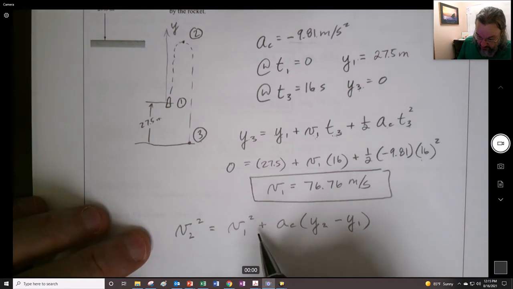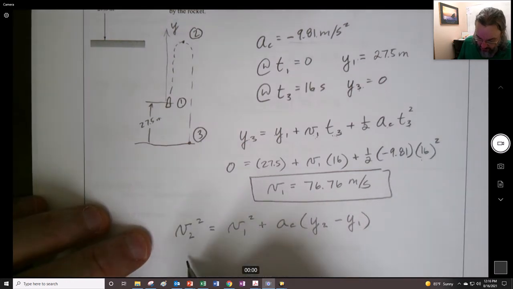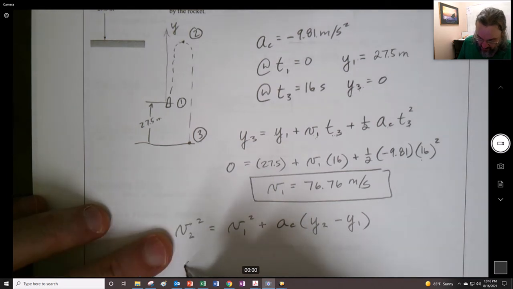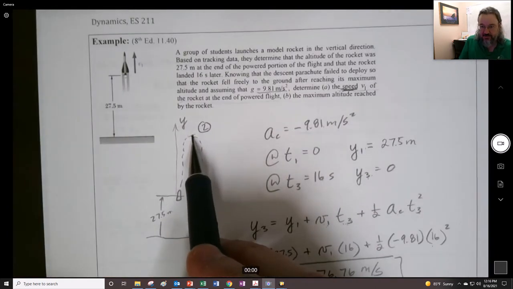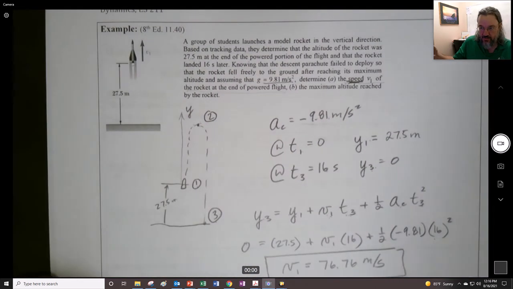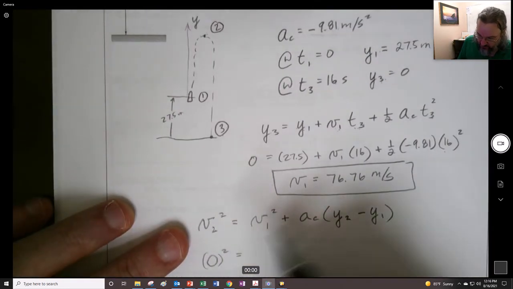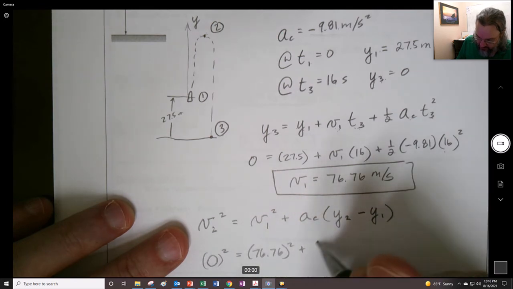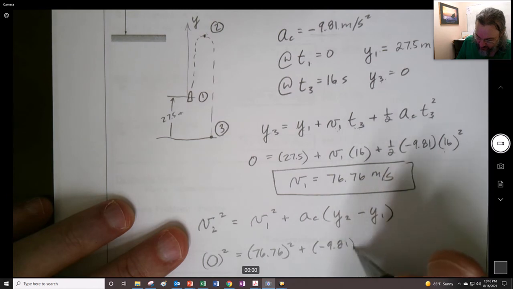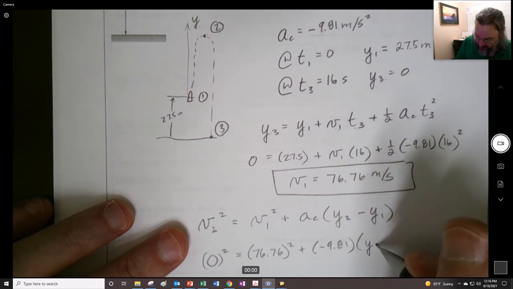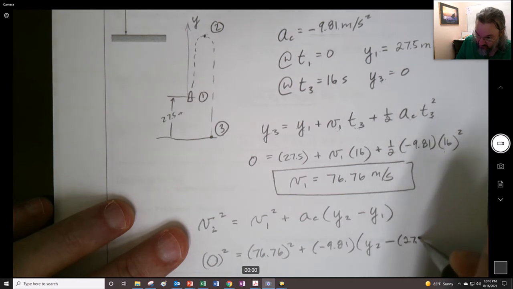And so what we can do here is, we can go ahead and find out at 0, right? We know the velocity is going to be 0 here because it's going to pause at the top. It's going to go as high as it can, and it's going to start falling. 0 squared is going to be equal to our 76.76 squared plus negative 9.81 times y2, which is what we're trying to find, minus our 27.5.